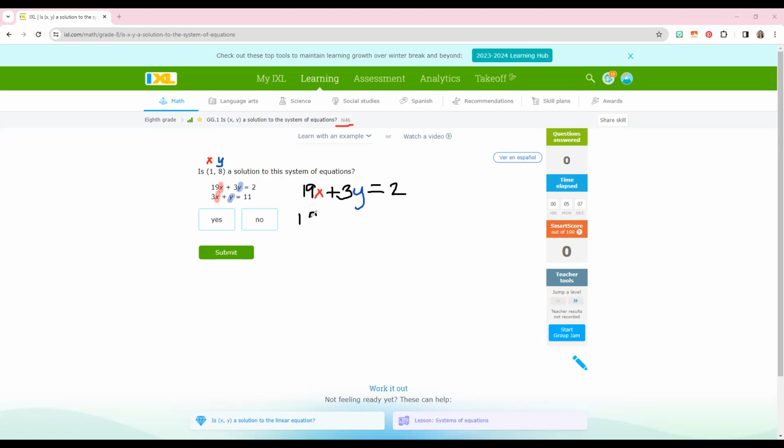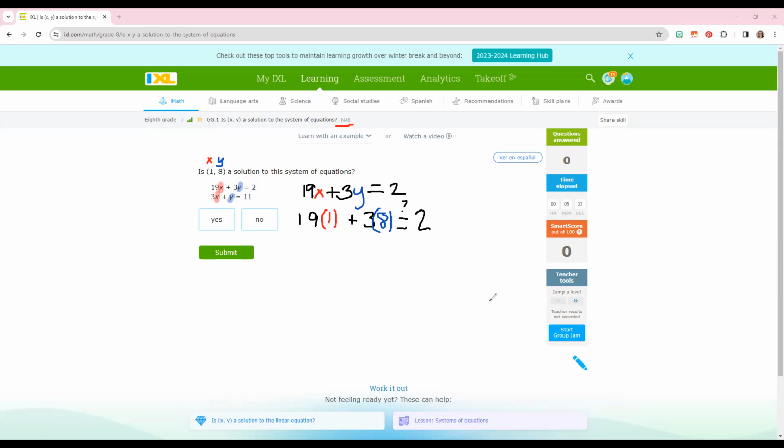So instead of 19 times x, we have 19 times 1. And then plus 3y. Well, instead of 3 times y, we're substituting 8 in for y, so it'll be 3 times 8. And then that is equal to 2, or we're going to find out whether or not it is equal to 2.